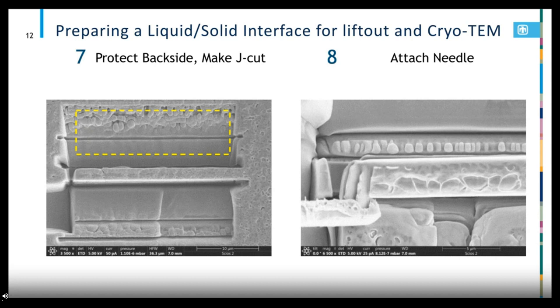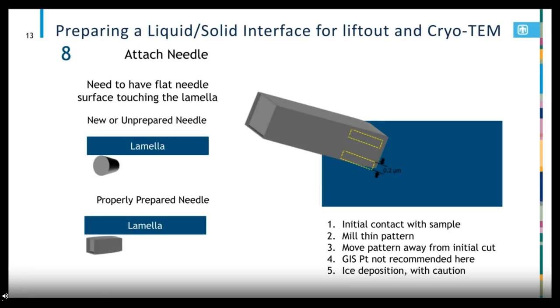And the way that that's done is via a little bit of a complicated process. But if you can imagine visualizing the lift-out needle on the left there, you have your lamella and your unprepared lift-out needle. Generally, they're round when you buy them or you install them.